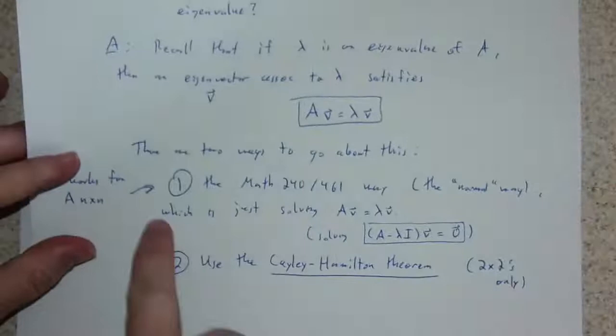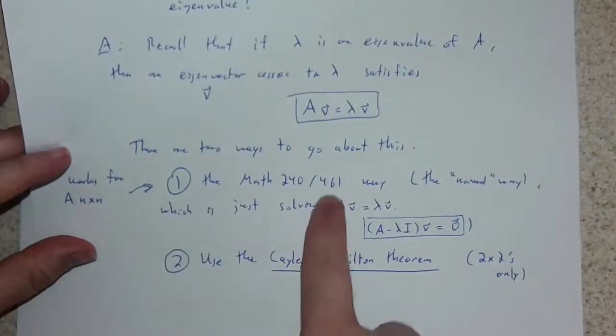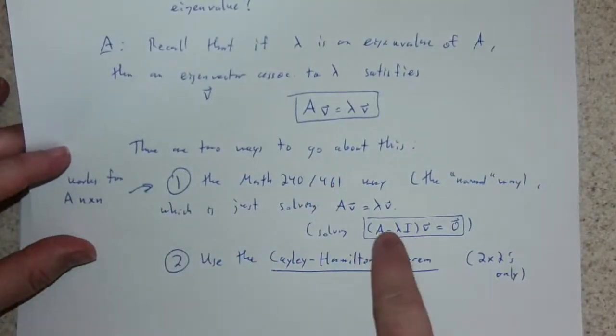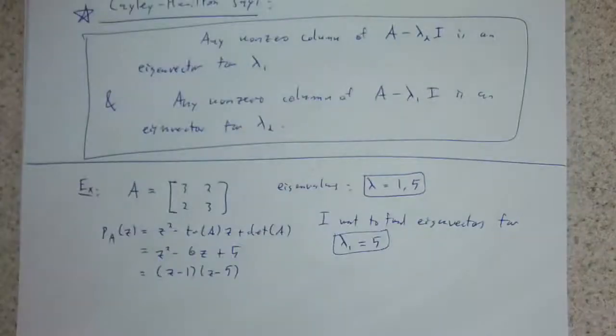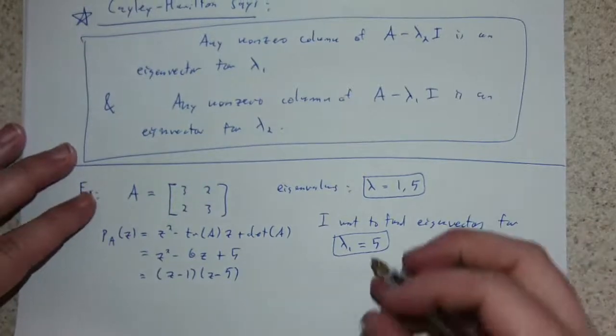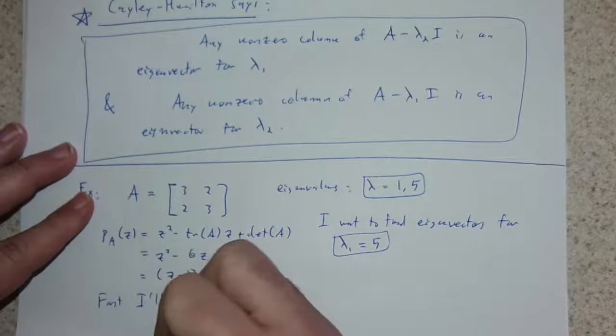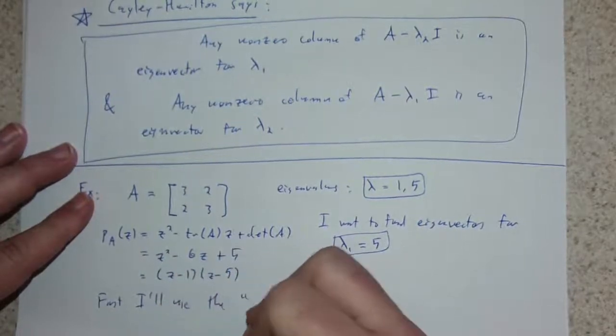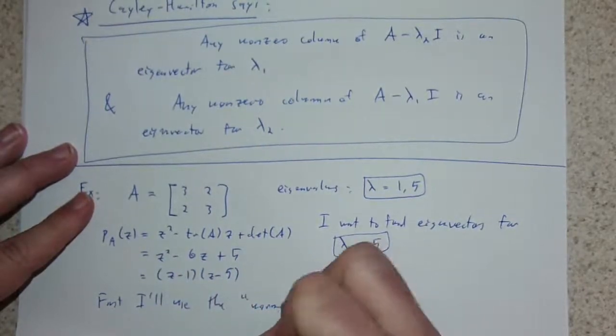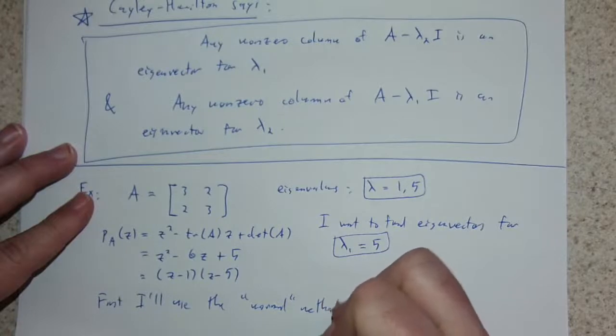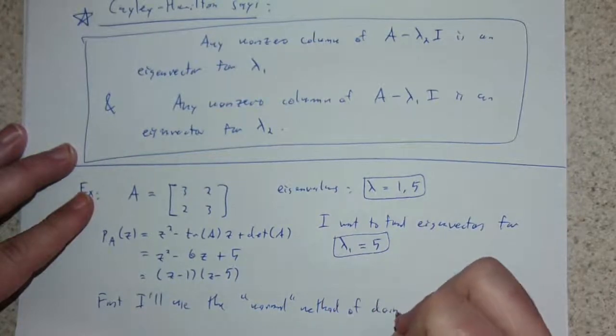I have two ways of doing this: either the Math 240 or 461 way, which means just solving the resulting equation, or the Cayley-Hamilton way. So let's do this by the 240 method, the normal method of doing this.